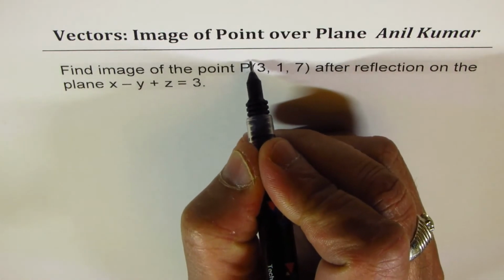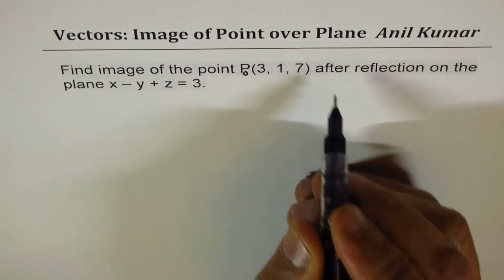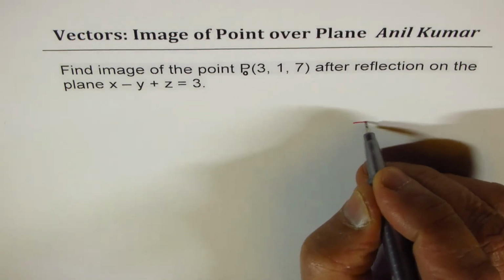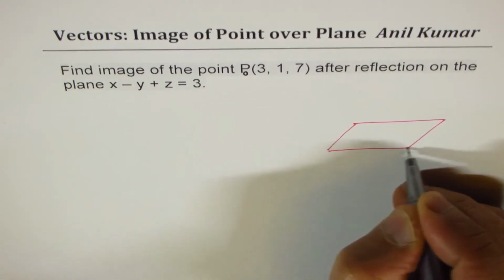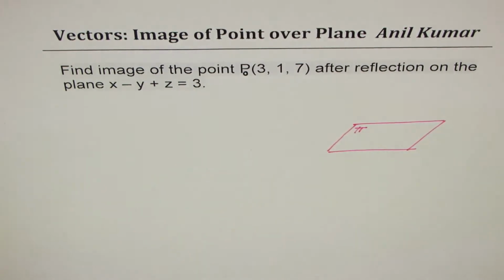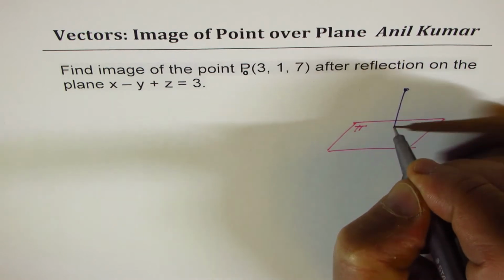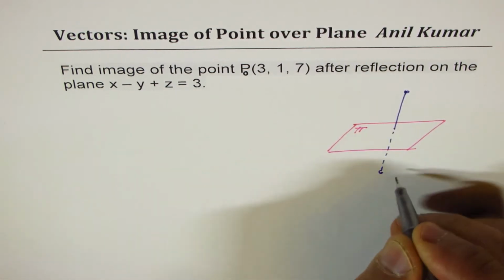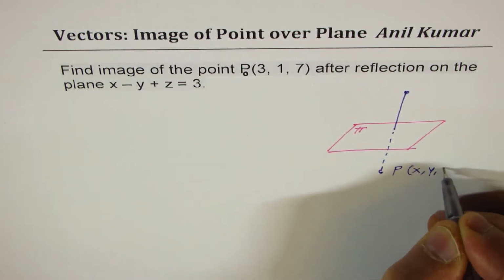Let me call this point the initial point P0, and after the reflection, P is the point which is the image. What we have here is a plane, which we're calling pi, and a point whose image after reflection is somewhere there. That is the point P which we need to find, so let it be (x, y, z).